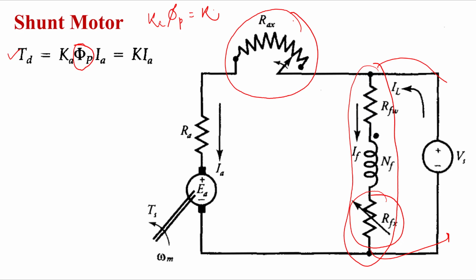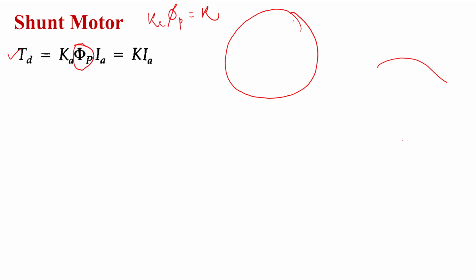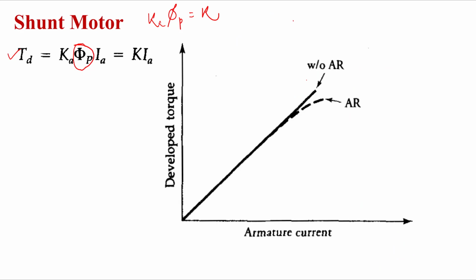Now we need to write the equations of torque and power versus the armature current. The developed torque equation is K Ia, a very simple equation. It is a straight line, of course.